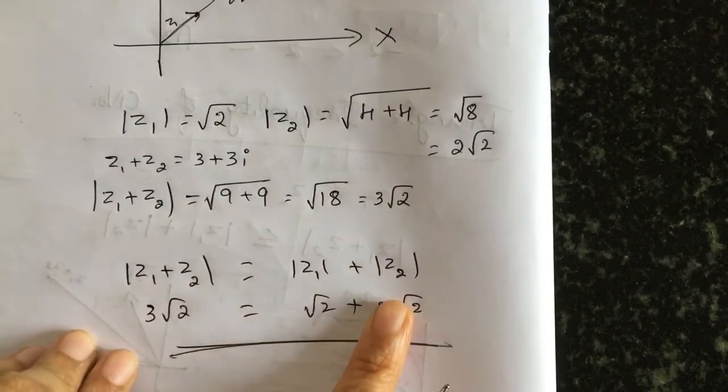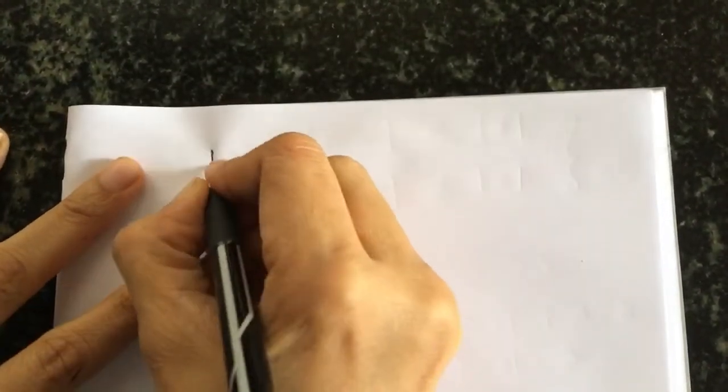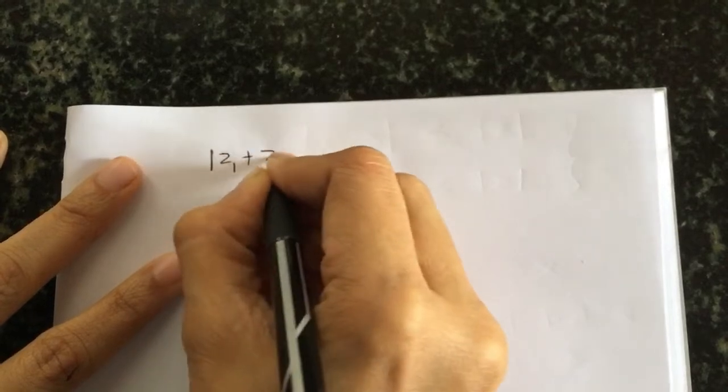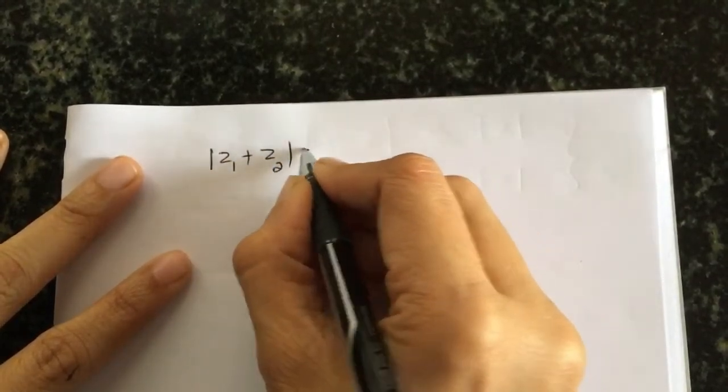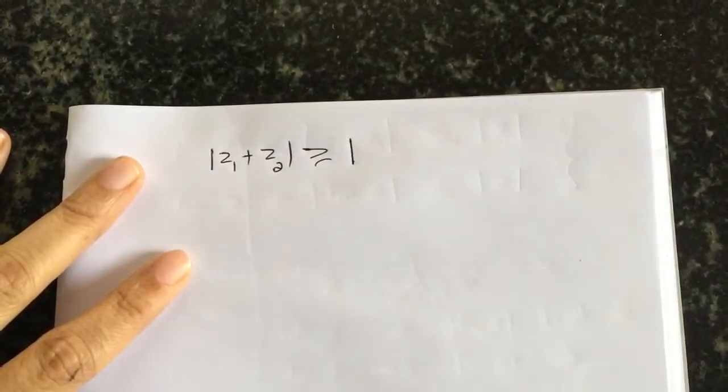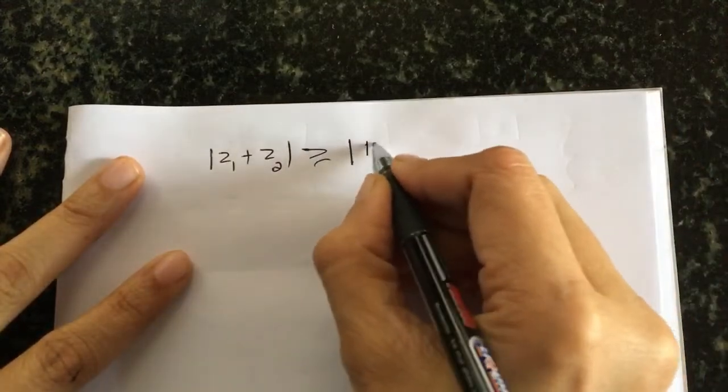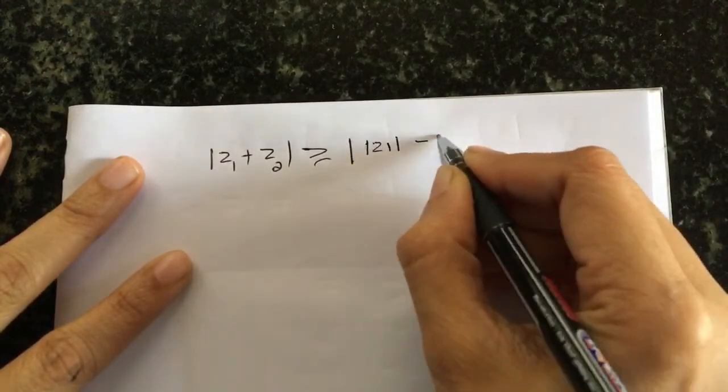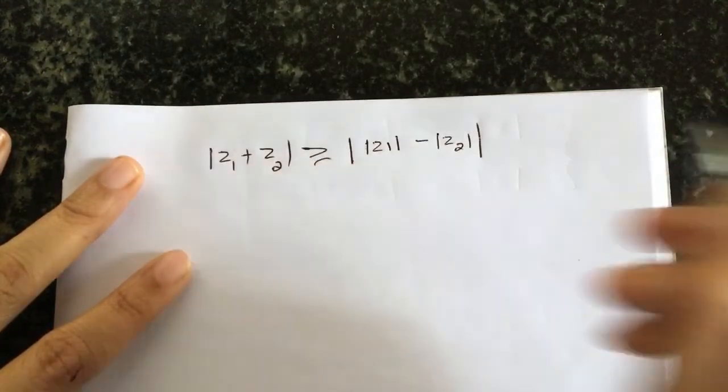So from this triangle inequality, we can also observe that mod z1 plus z2 is greater than or equal to mod z1 minus mod z2.